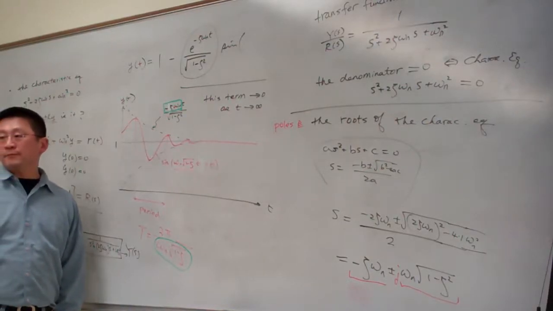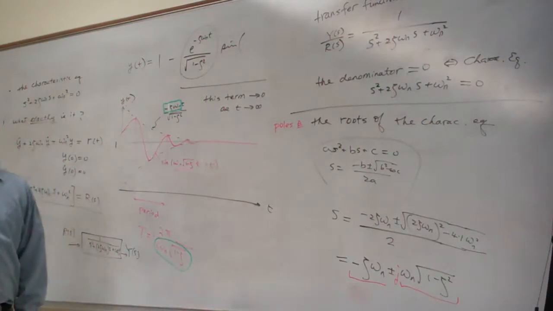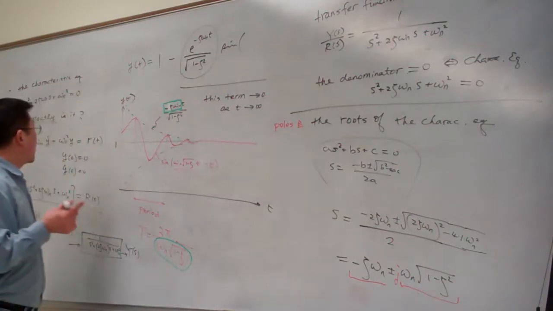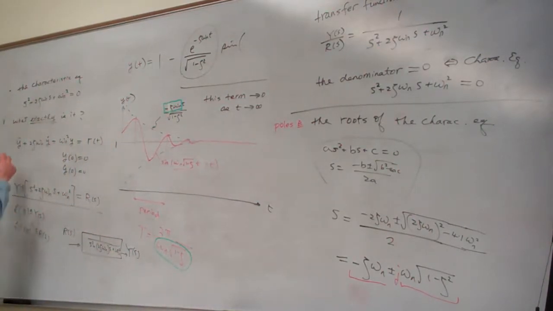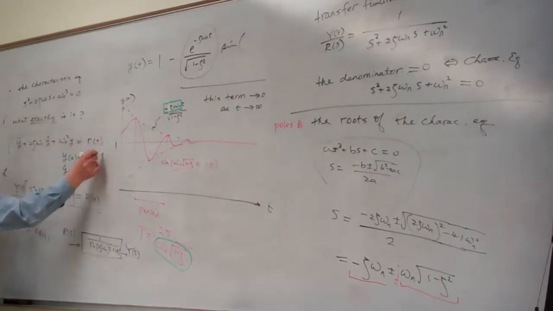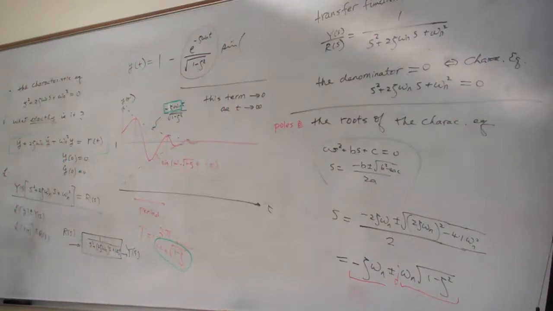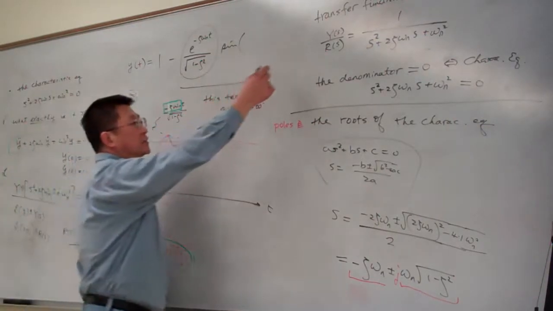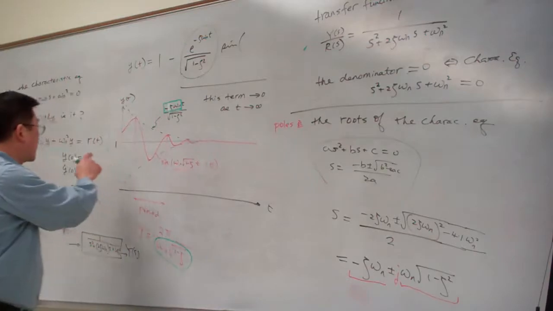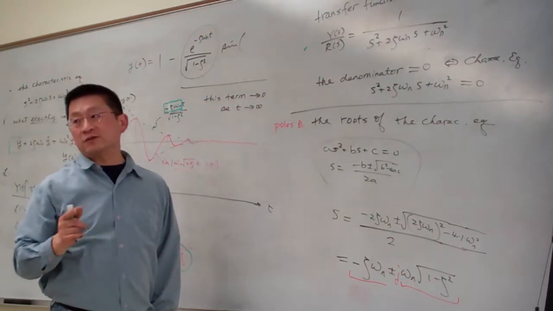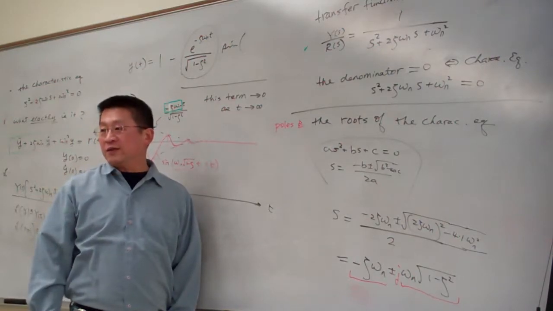Okay? Okay, so let me make a quick conclusion. Once you are given any dynamic system, you quickly solve for the transfer function like this. Given this, getting to here shouldn't take too much time given your capability now.